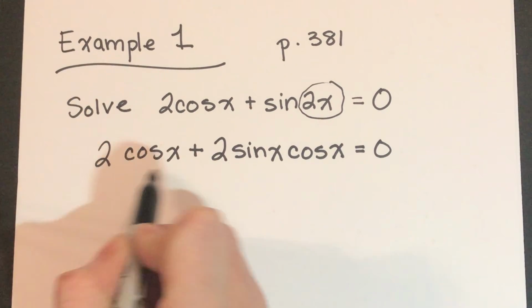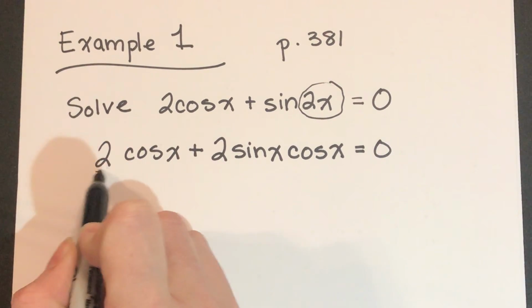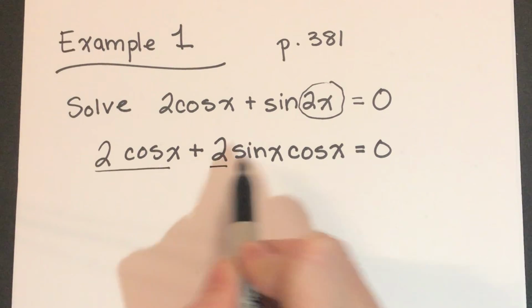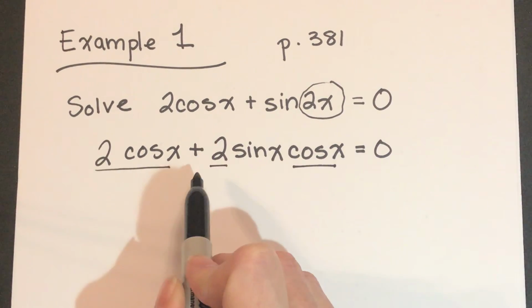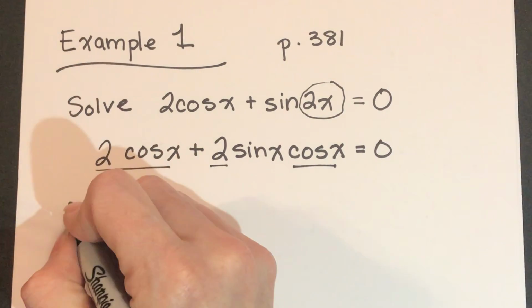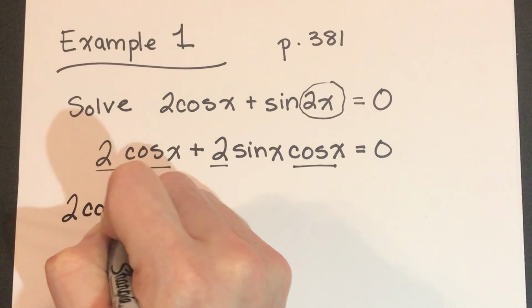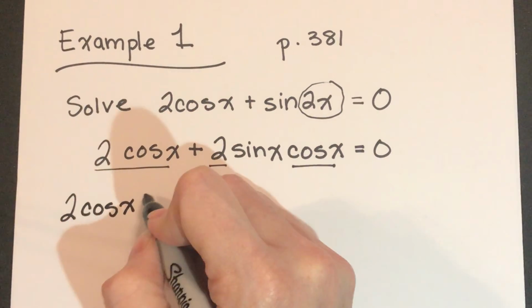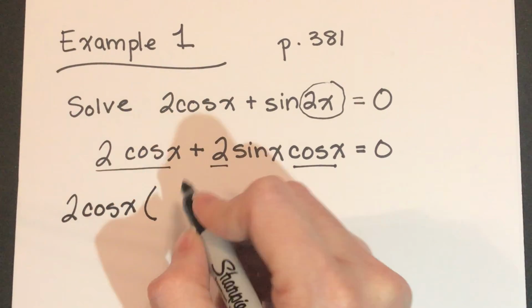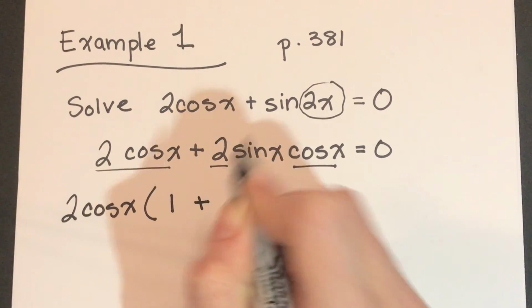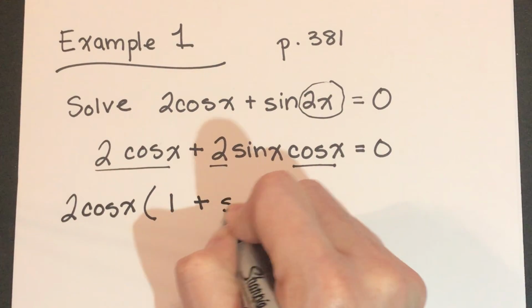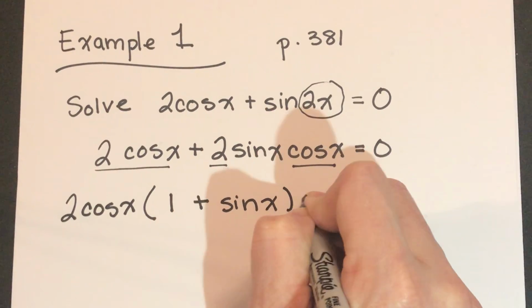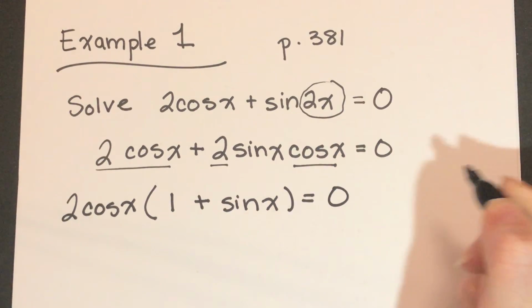There is a 2 cosine x in this and a 2 cosine x factor in this. That's the greatest common factor, so we take it out. Here we're left with 1, and here we're just left with sine x equals 0.